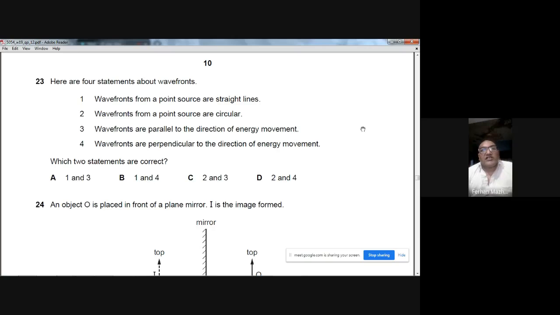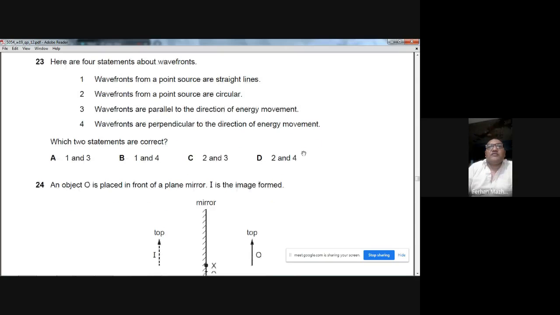Sorry, the second and the fourth are correct. Wavefronts from a point source are circular, and the wavefronts are perpendicular to the direction of the energy movement. So D is the option. Question number 23, D is the option.